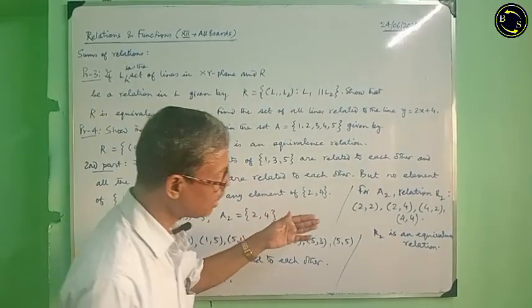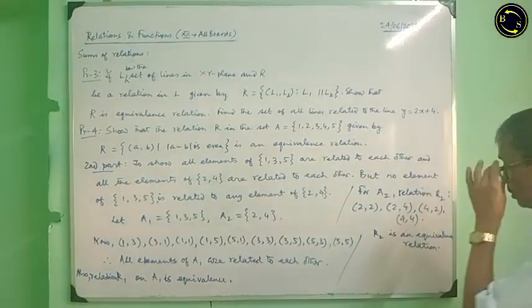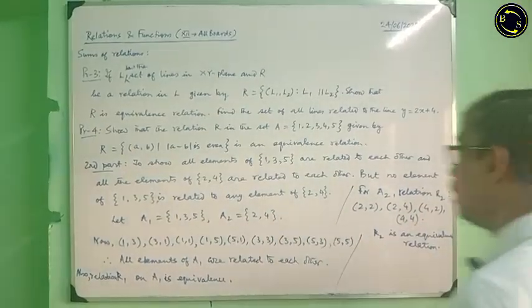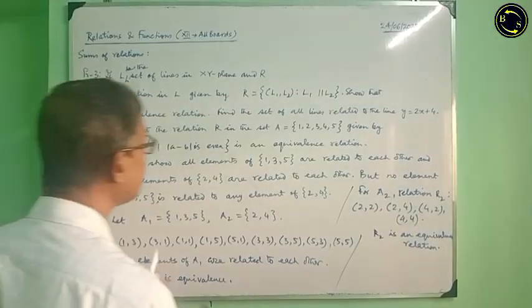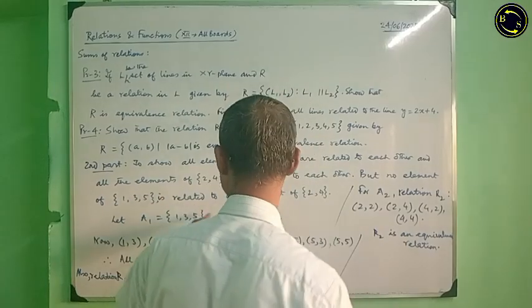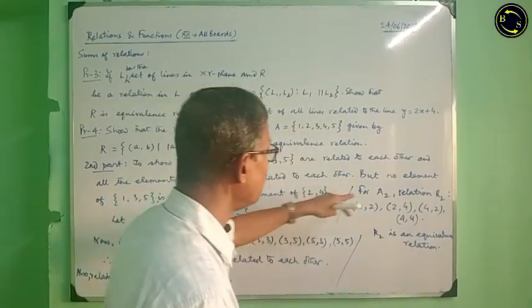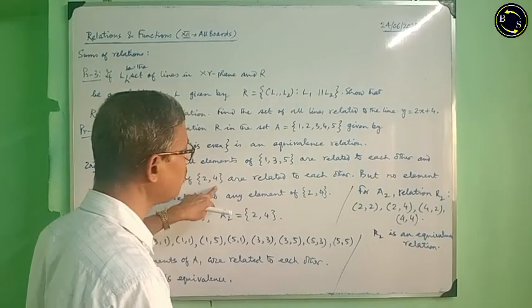Also, if we make the conclusion, let us confine in this question, all the elements of 2 4 are related to each other.